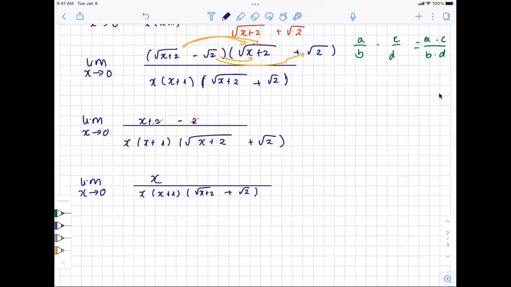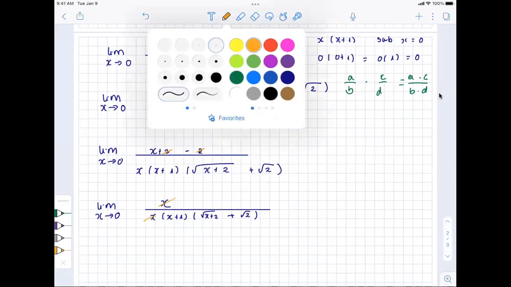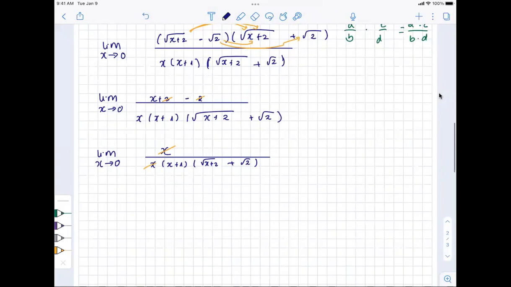Now the problematic x can be canceled, because top and bottom there's an x. Once I do that, I have the limit as x approaches 0 of 1, because the numerator becomes a 1.